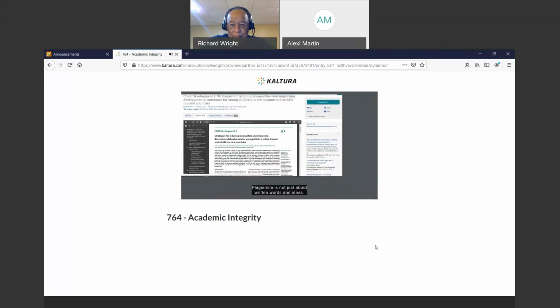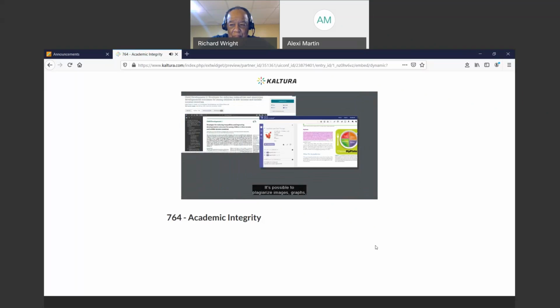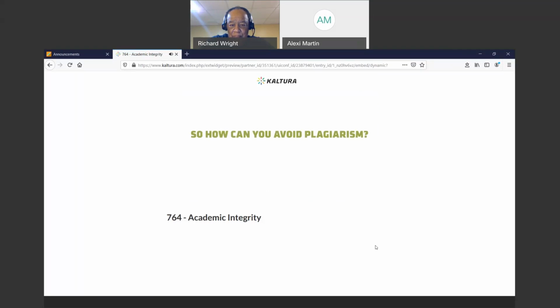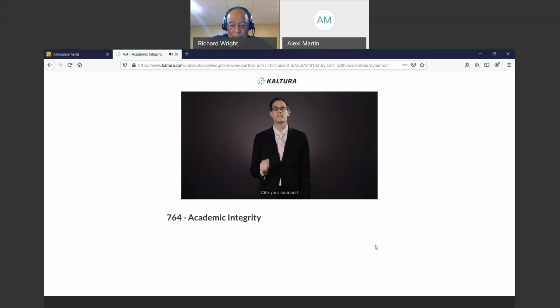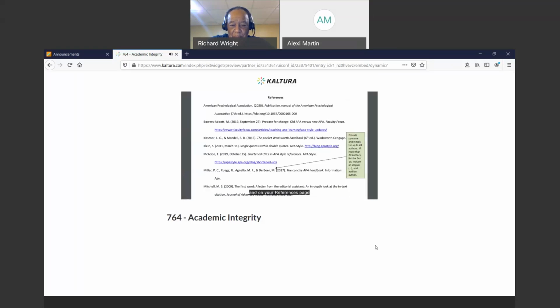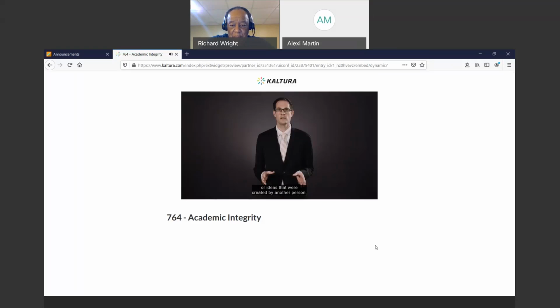Plagiarism is not just about written words and ideas. It's possible to plagiarize images, graphs, coding, or video as well. So how can you avoid plagiarism? Cite your sources, both in the body of your paper as in-text citations and on your references page. Whenever you want to use words, images, media, or ideas that were created by another person, you should cite that person appropriately as the source of that information.